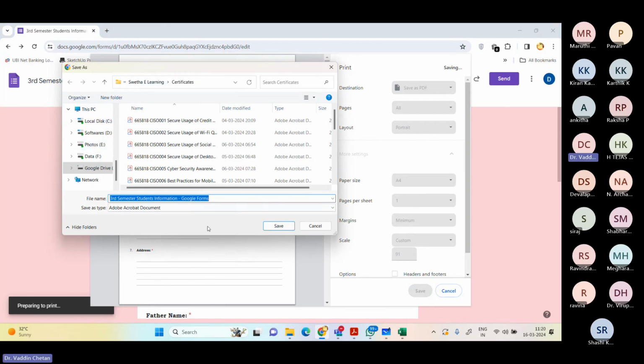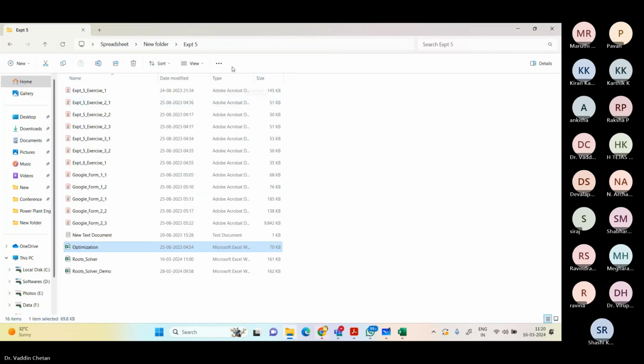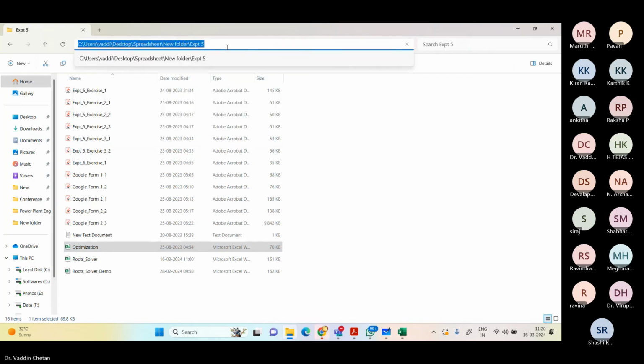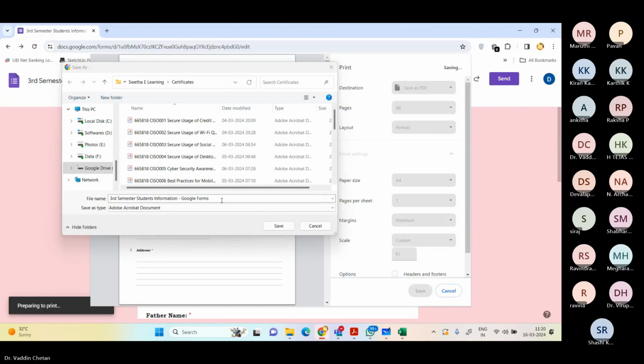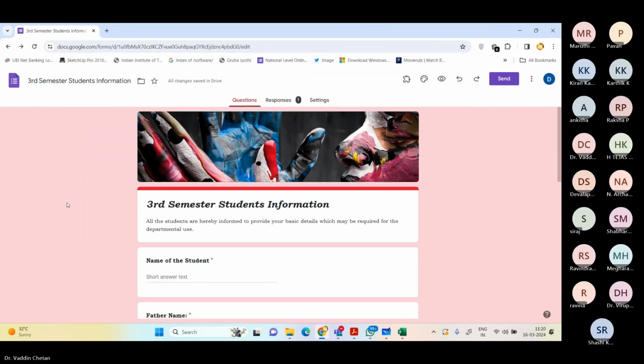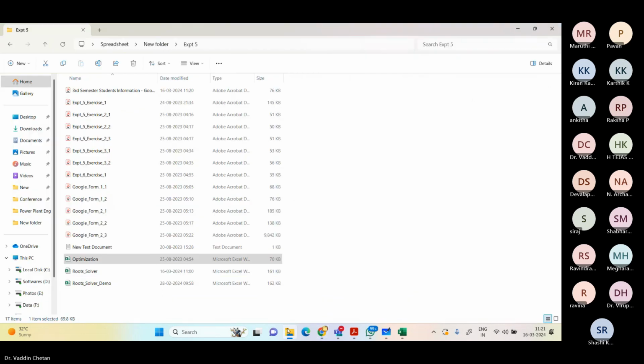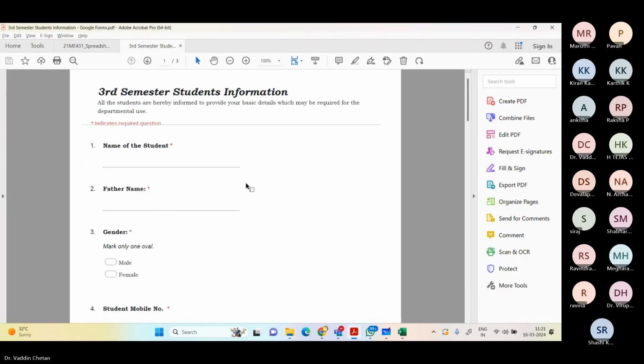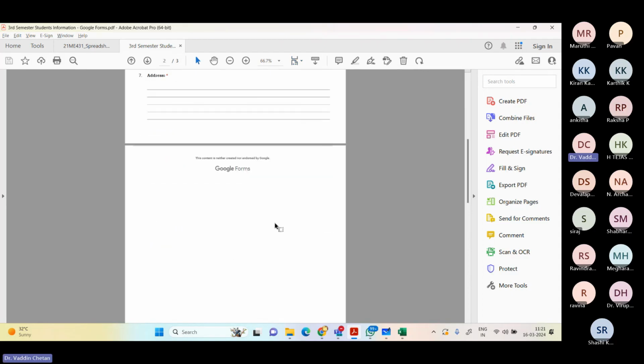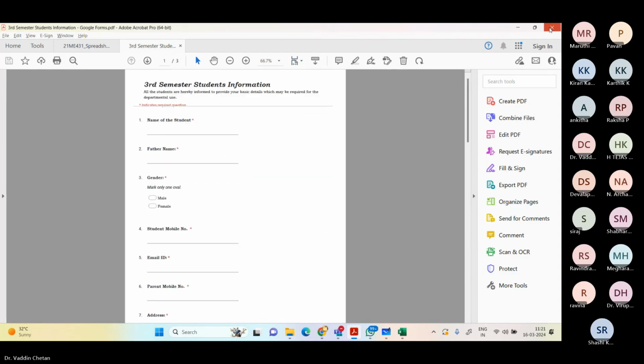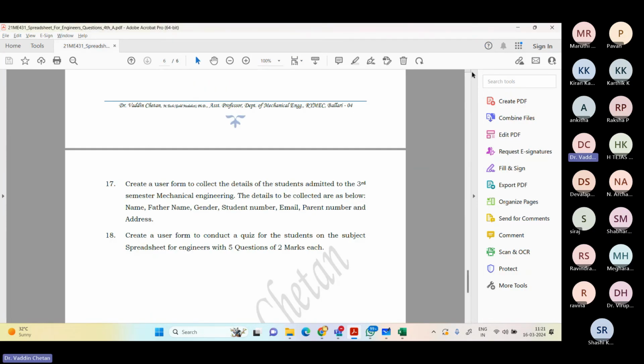Somewhere you can save it. Right? You can open this. You can see all the details. This is with respect to question number 17, that is creating the Google form.